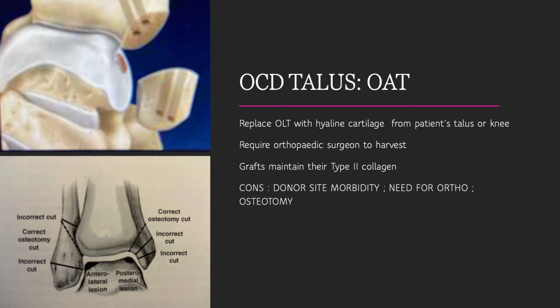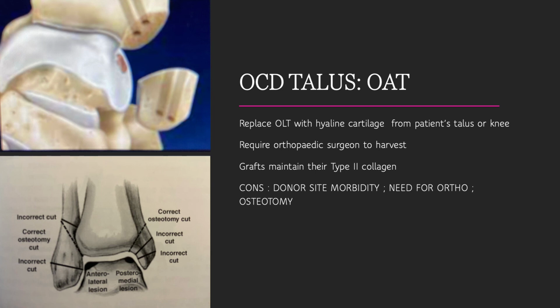The benefit is that the grafts maintain their type 2 collagen, but as you recall previously in this lecture, there is a difference in terms of the thickness of cartilage within the knee and within the ankle, and so this needs to be taken into consideration.